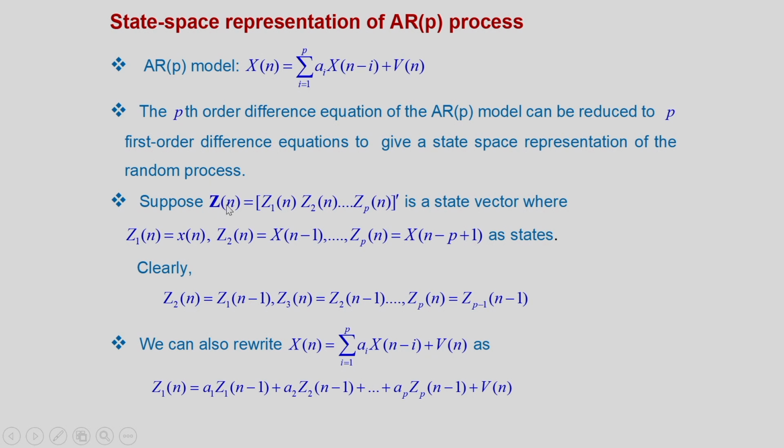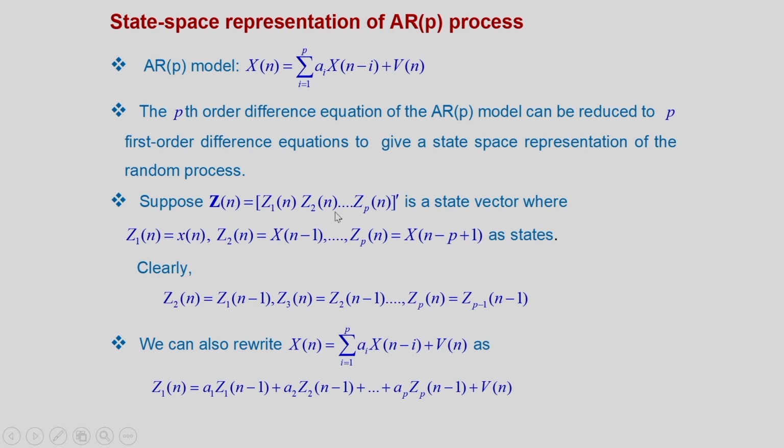Suppose we define Zn. There is a pth order difference equation, therefore there will be p states. Suppose Zn is the vector Z1n, Z2n up to Zpn. This is a vector comprising these elements. Now, each of these elements will be called a state. Now, let us define Z1n to be xn, Z2n to be x of n minus 1, and similarly Zpn to be x of n minus p plus 1.